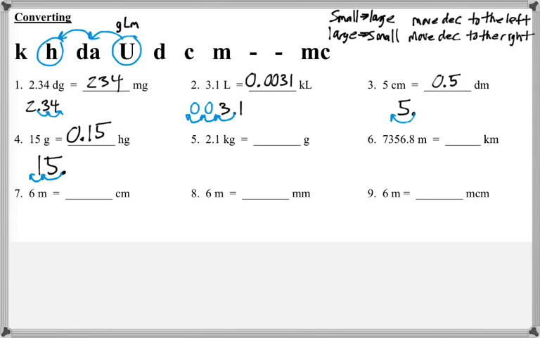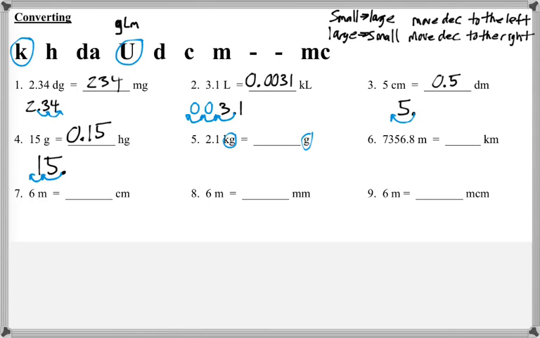For number 5, I'm converting from kilograms to grams. So that is going from the K to the basic unit.